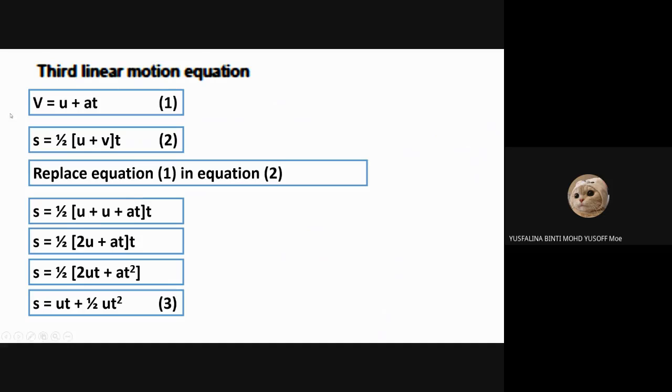The first one is V equals U plus AT, and the second one is S equals half of U plus V multiplied by T. Then you substitute equation 1 into equation 2. Let me write the equations first: V is U plus AT, and S is half of U plus V multiplied by T.